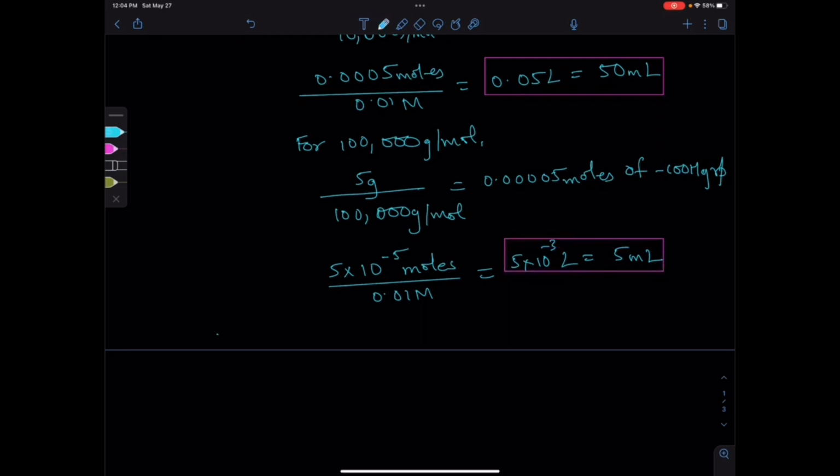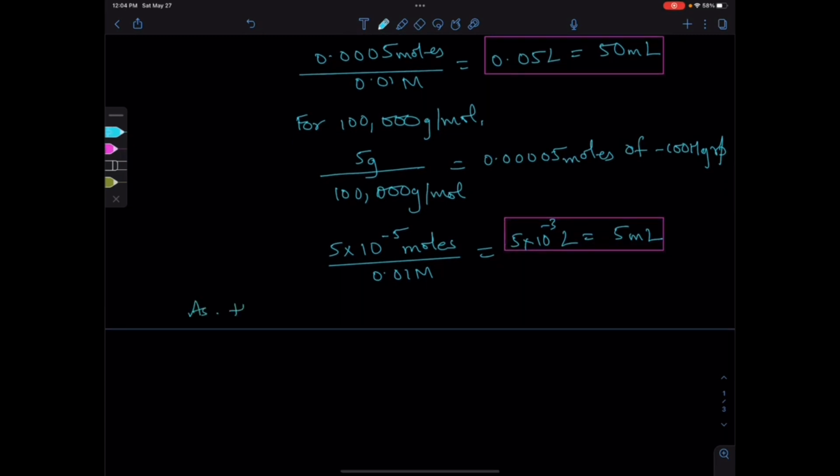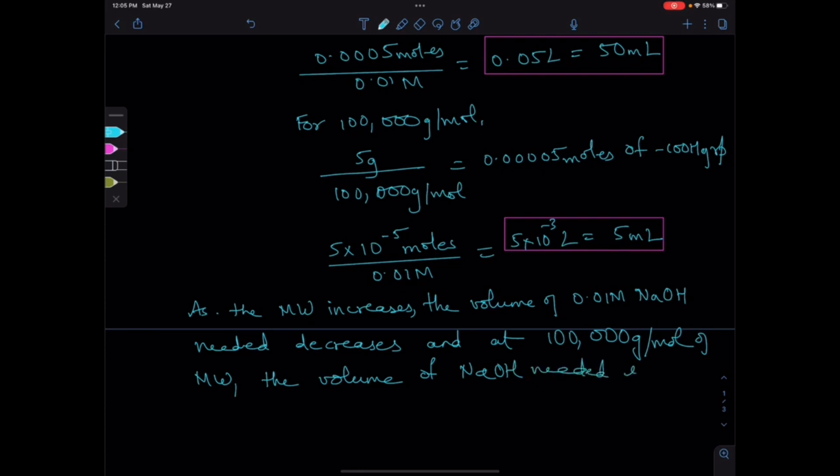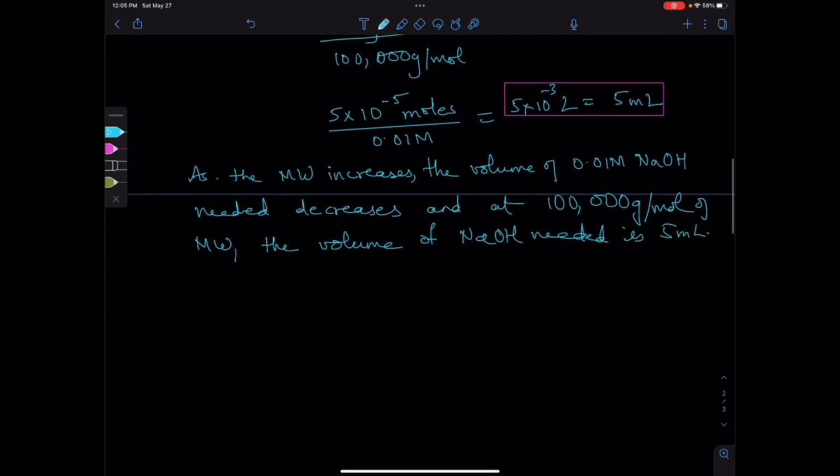So we can see that as the molecular weight increases, the volume of 0.01 molar sodium hydroxide needed decreases, and at 100,000 grams per mole of molecular weight, the volume needed is 5 milliliters, and 5 milliliters is too little to perform titration accurately.